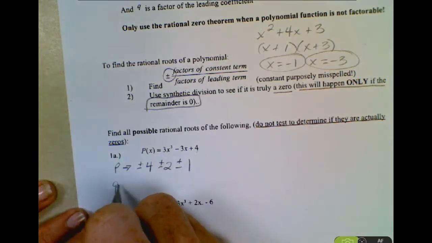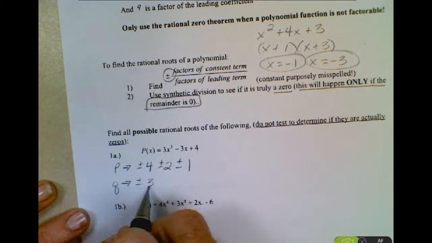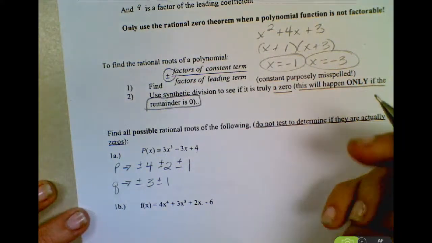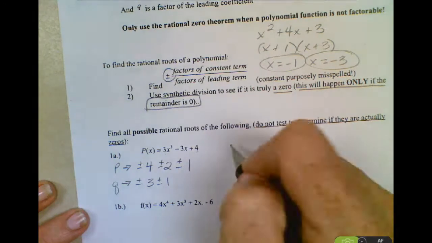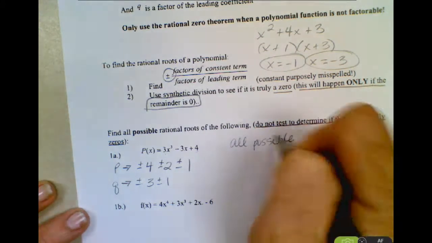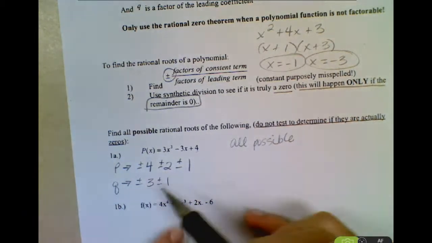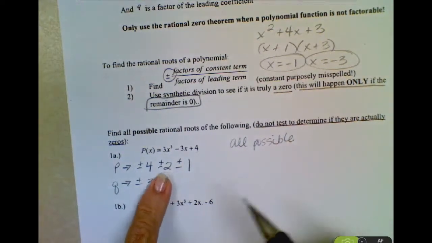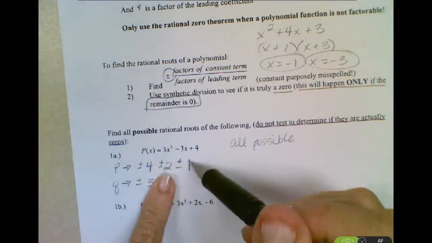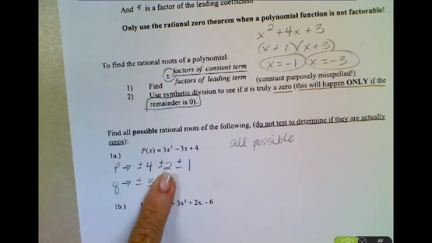We're going to do the same thing with q. The only factors of 3 are 3 and 1. So when I'm finding all of my possible roots, and again, we're not testing these in this case, we're just writing down all of our possibles, the way I do it is I take one of my denominators, so in this case I'll use 3 first, and make sure that I have all of my p values divided by that q value.